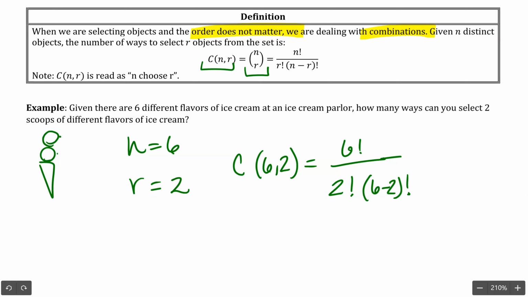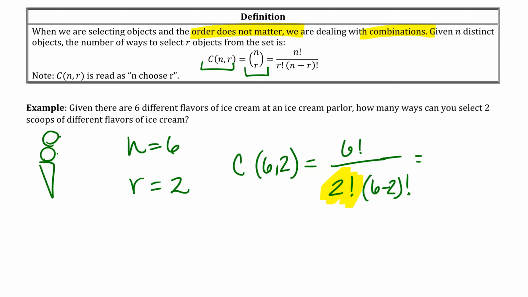You might think it's pretty similar to a permutation, except we are adding this additional piece to the formula. We're dividing by something extra, which means we're going to get a smaller number because we're not accounting for order. So there are actually fewer ways to do this.